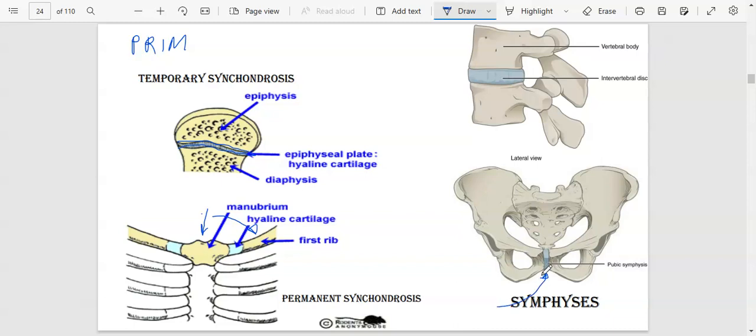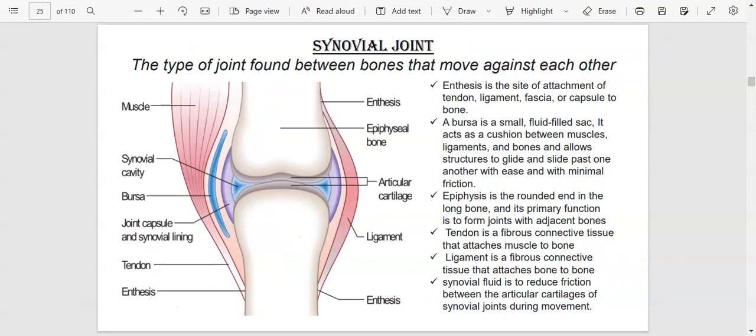We have a fibrocartilaginous joint, the fibrocartilage that connects these two bones here. These are of course the pubic bones. So the joint that connects two pubic bones is the pubic symphysis, because we have fibrocartilage there.